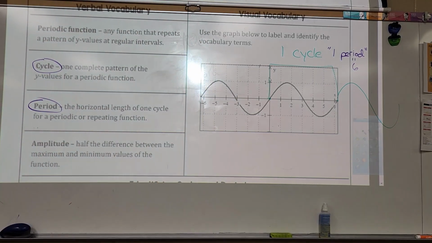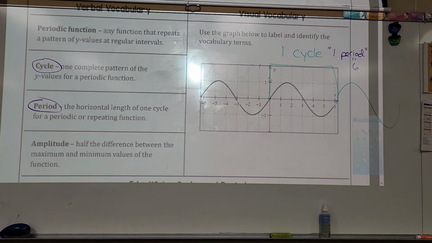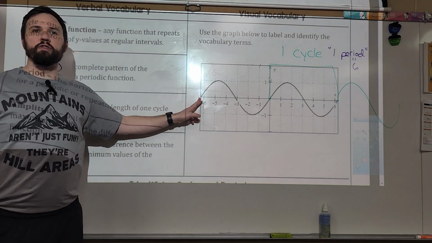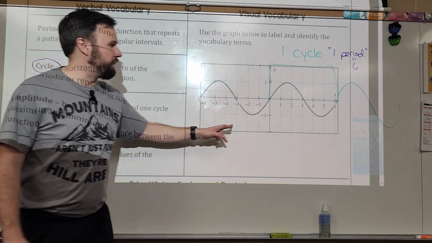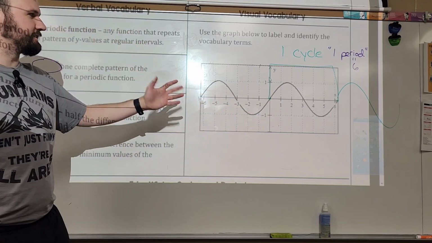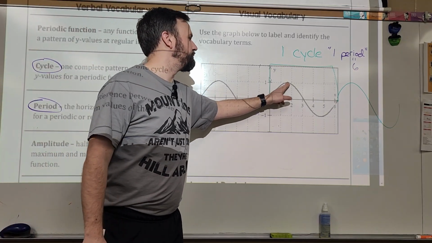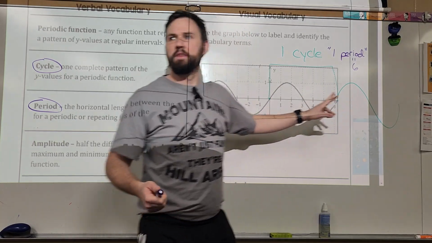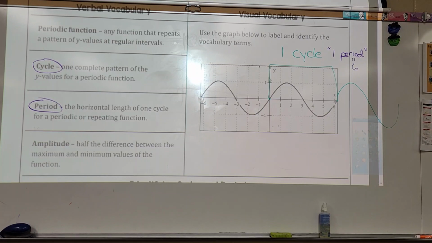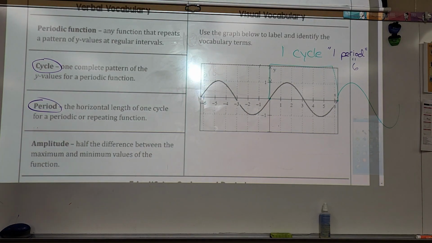Because each cycle is 6, so it repeats every 6 units. If I take this point and move it over 6, it will be at 0, right? It's actually a little bit more than 6, but whatever. If I take this point and move it over 6, same point. Does that make sense? Cycle is my period. My period is the length of my cycle.